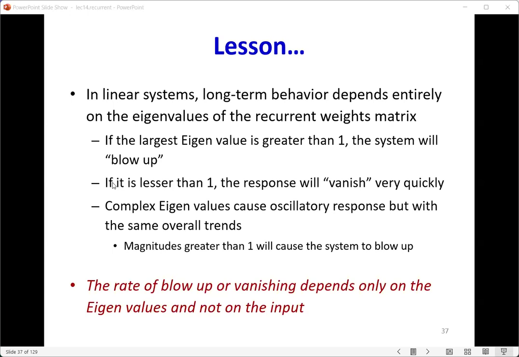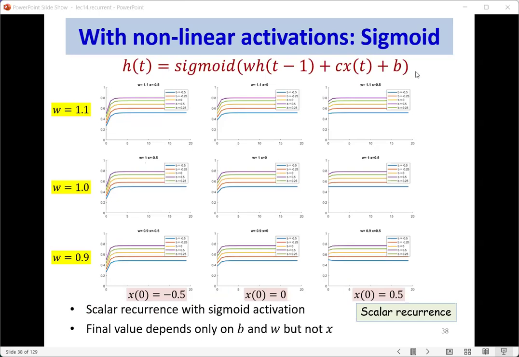But that was for linear activations. What happens with nonlinear activations? So here I've replaced the same thing as before, but now I put a sigmoid activation. H of t is a sigmoid of W H t minus 1 plus C X t plus B. Okay. So I have 3 rows and 3 columns.